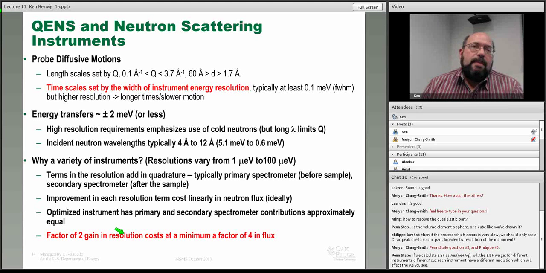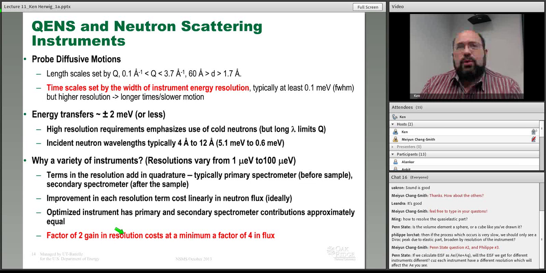And when you match that knowledge of the incident and scattered neutron energies, you typically find that in order to get an improvement in the resolution of the instrument, you need to improve the resolution of both of those terms equally well. And that means that you add those contributions to your total energy transfer resolution in quadrature.